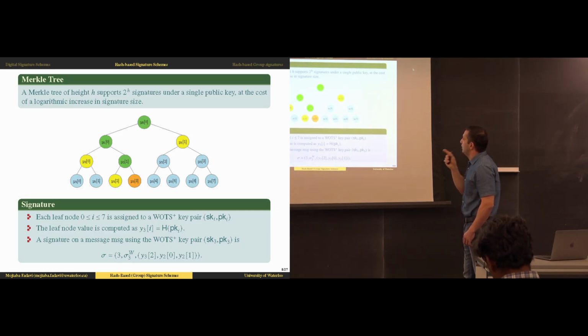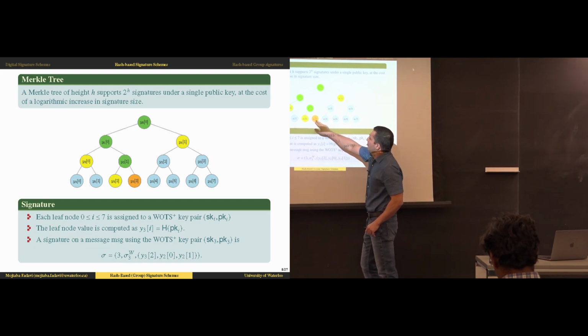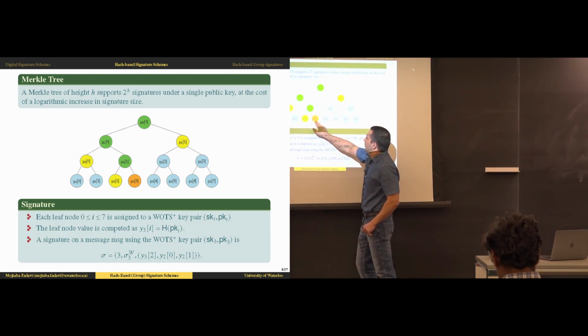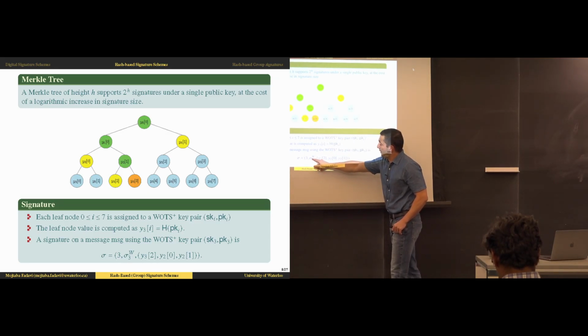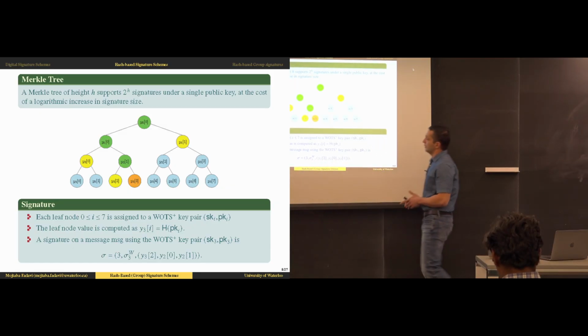To sign a message using, for example, these leaf nodes, indexes start from 0. So to sign a message using the fourth leaf node, the user computes the signature using the secret key of the corresponding leaf node, and publishes not only the signature of this message, but also the index and the authentication path.